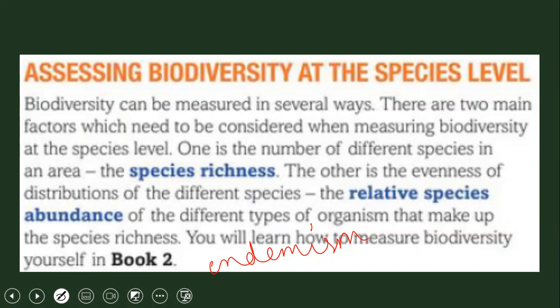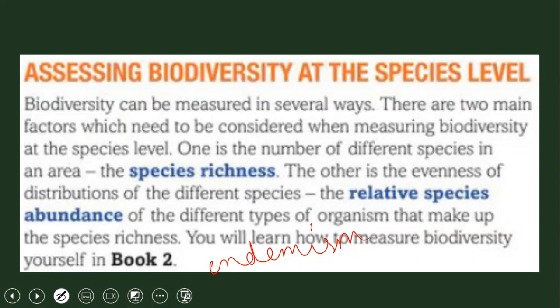If there are more mutations, there are going to be more adaptations. If there are more adaptations, organisms are going to have a better chance of survival. As a result, they will start taking on more roles, more niches in the ecosystem. So again, biodiversity will increase.